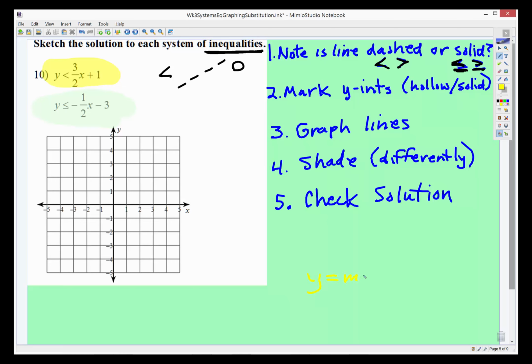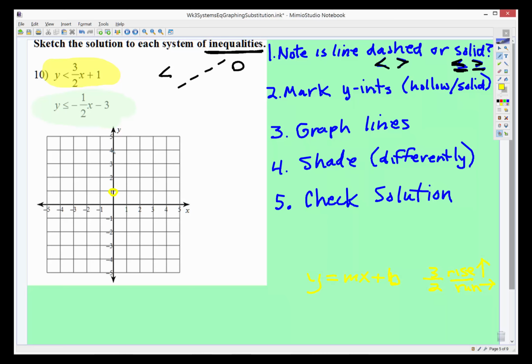y equals mx plus b. You're going to at least start to graph it like it's an equation, but it's a little bit different. So I'm going to put a hollow dot at 1, and then the slope says that it is 3 over 2. Well, remember, rise over run, and since it's positive, you're going to go up 3 over to the right 2.